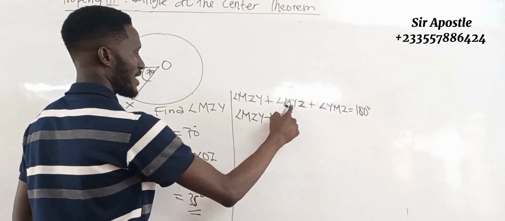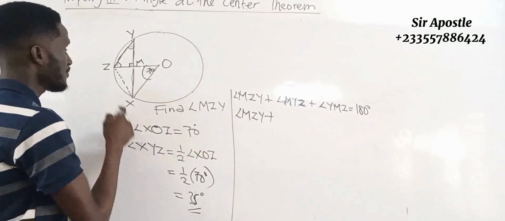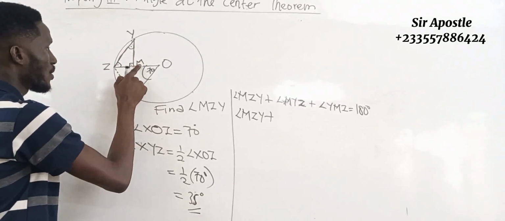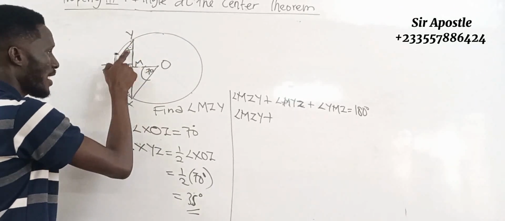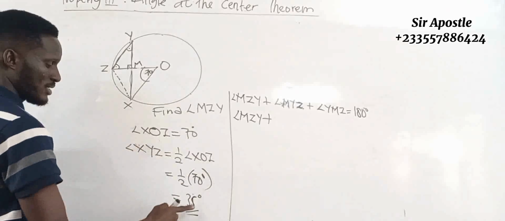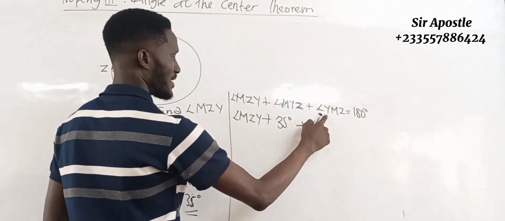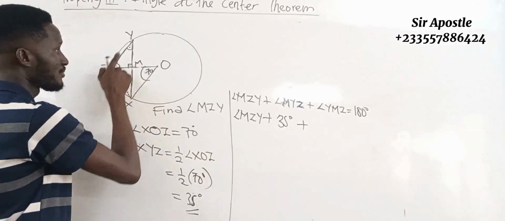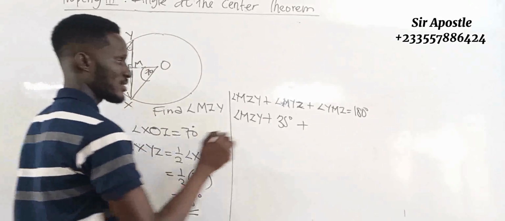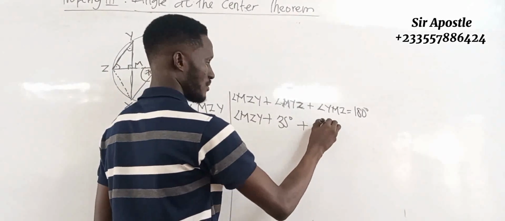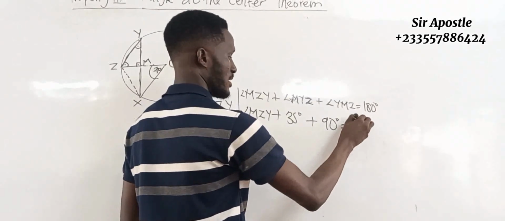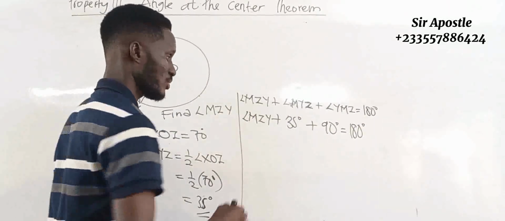This is what we are looking for. MZY plus MYZ. What is MYZ? MYZ is the angle from here, which is 35 degrees, plus this one, YMZ, which is 90 degrees, equal to 180 degrees. So this is very simple. Let's go on.